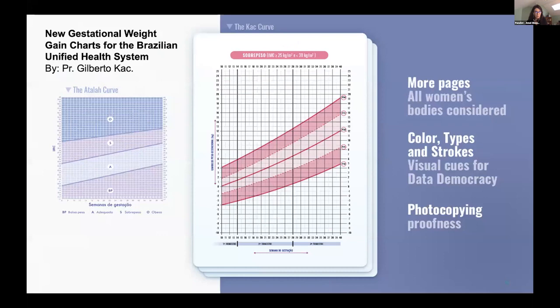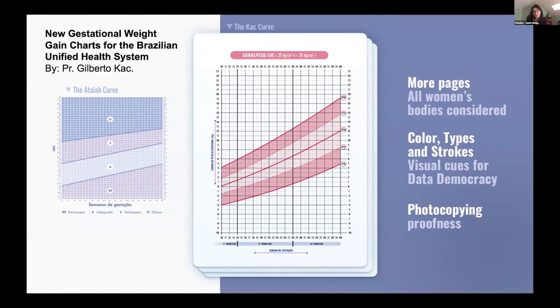And then the third project I would like to highlight is a project by Professor Gilberto Cac, where they developed new gestational weight gain charts for the Brazilian unified health system. And this chart is now in the process of being adopted by the Ministry of Health as a form and a booklet to be distributed to doctors and pregnant women.